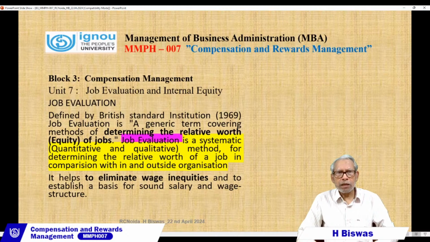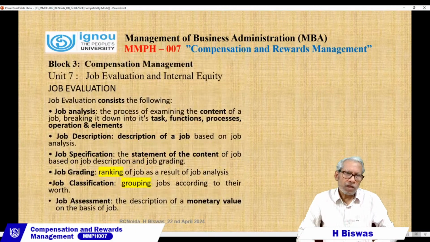So basically, the purpose behind job evaluation is to equate, so that there should not be any injustice or inequality, and a sound salary and wage structure is established. Job evaluation consists of the following.